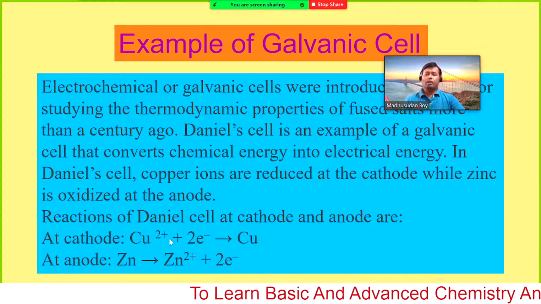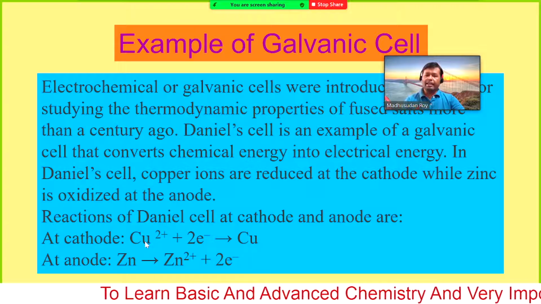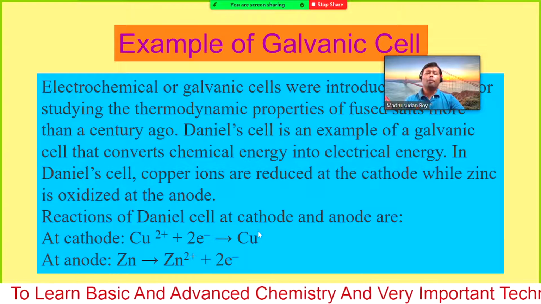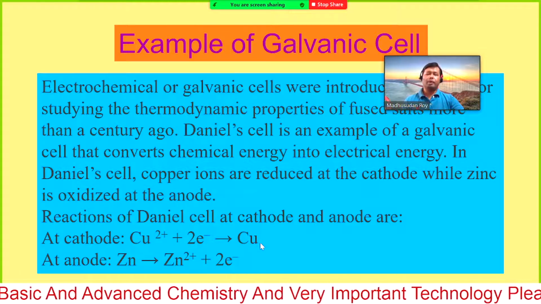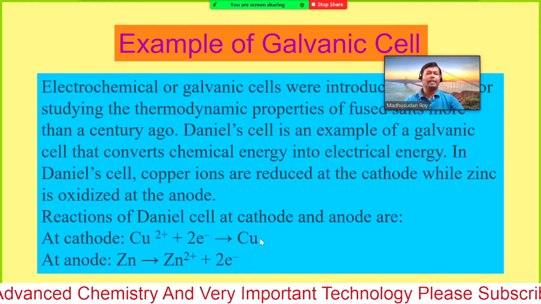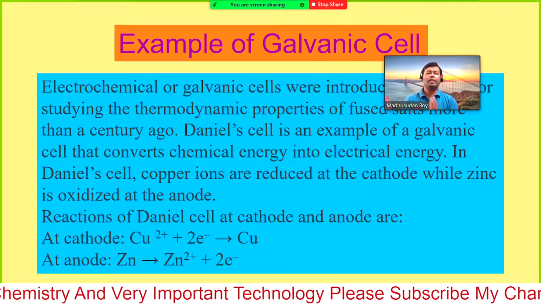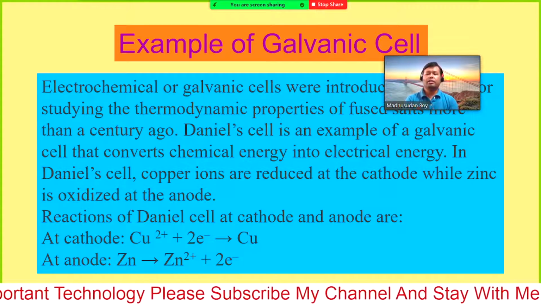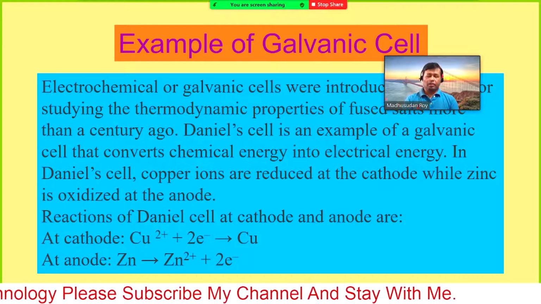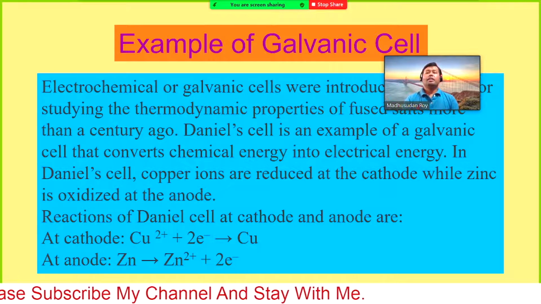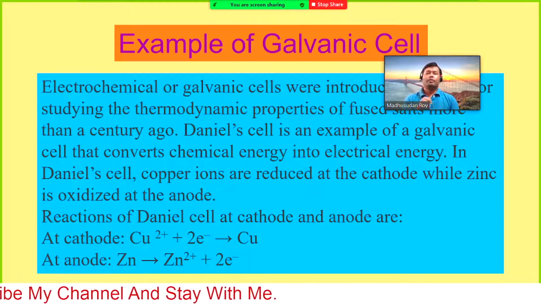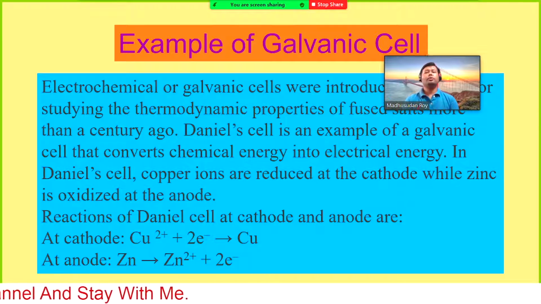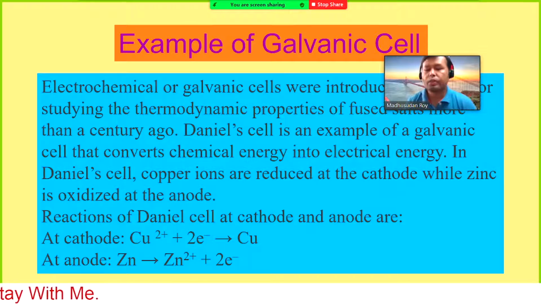So copper 2 plus takes 2 electrons to form copper metal, and this copper metal is deposited on the electrode. So the size of the electrode at the cathode increases and the size of the anode decreases. And we have several examples, and nowadays we have many different types of cells.